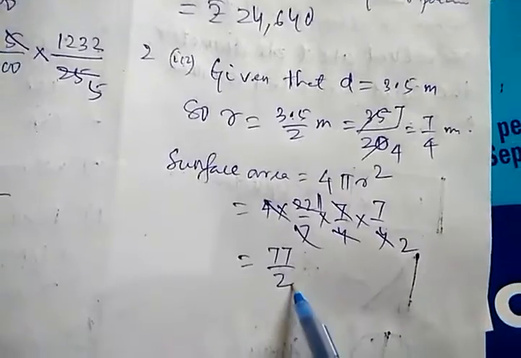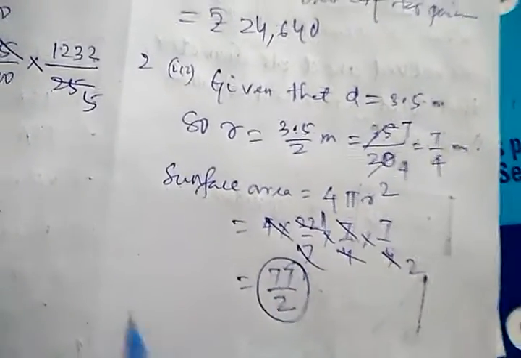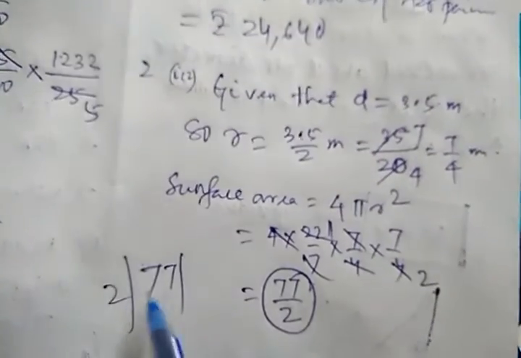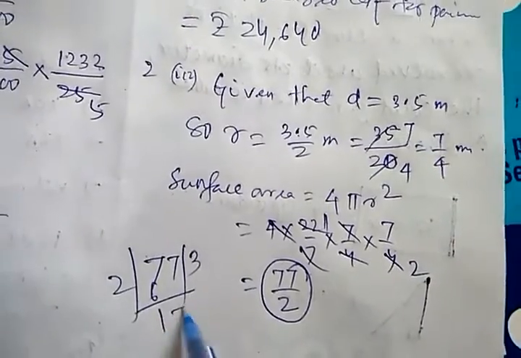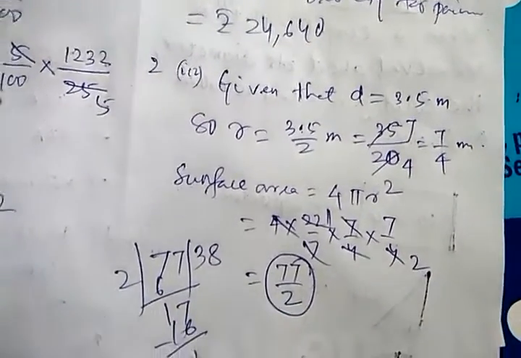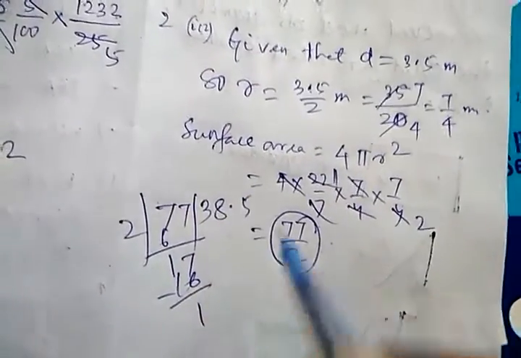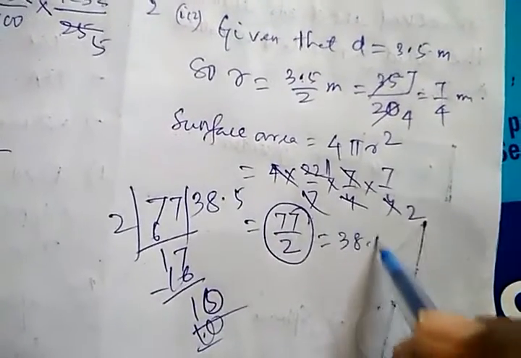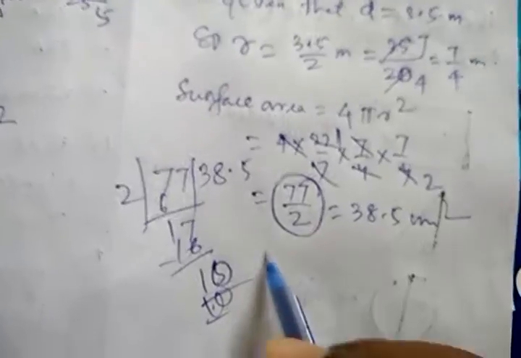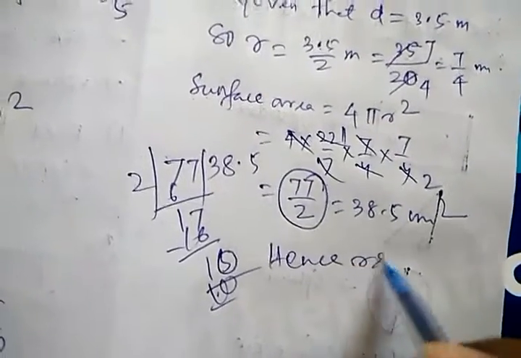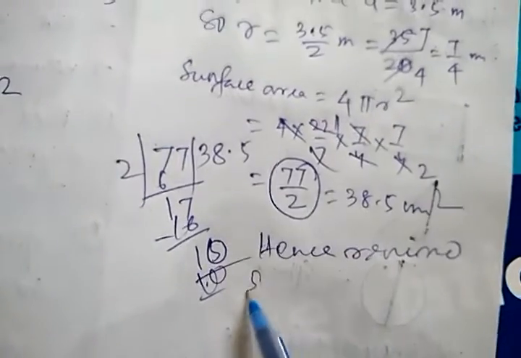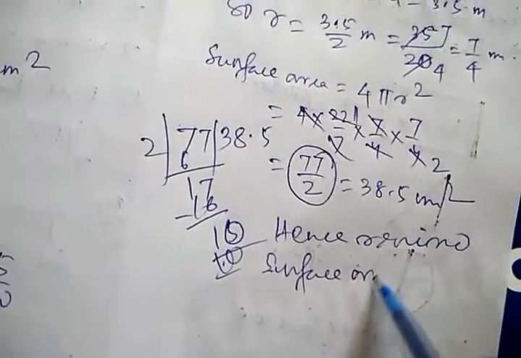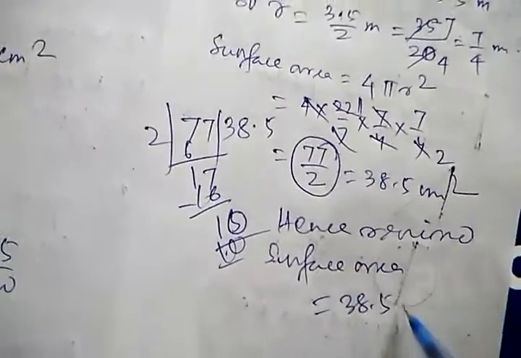So 77 by 2. 77 by 2 means you have to convert into decimal, that is 38.5 meter square. Hence required surface area is equal to 38.5 meter square. So this is the answer. So now you will do.